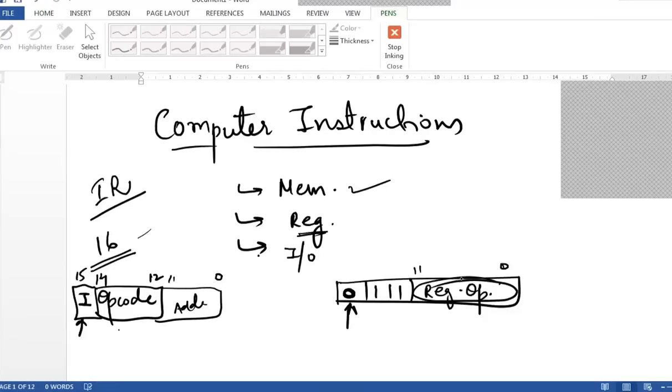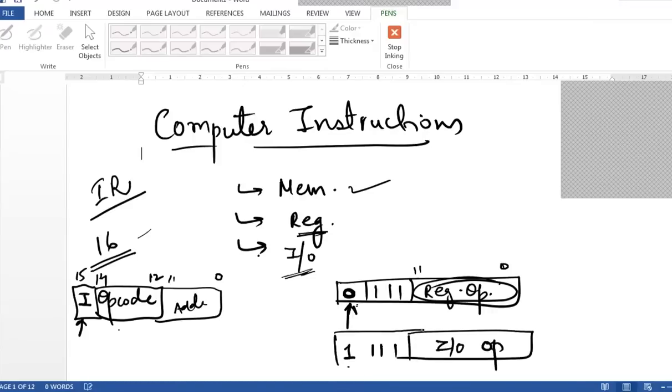We have already discussed each and every operation, but we'll go through them once again and then move ahead. For IO instructions, the 15th bit is 1, the opcode is 111, and bits 0 to 11 stand for the IO operations. So these are the three formats we had already studied in the previous class.